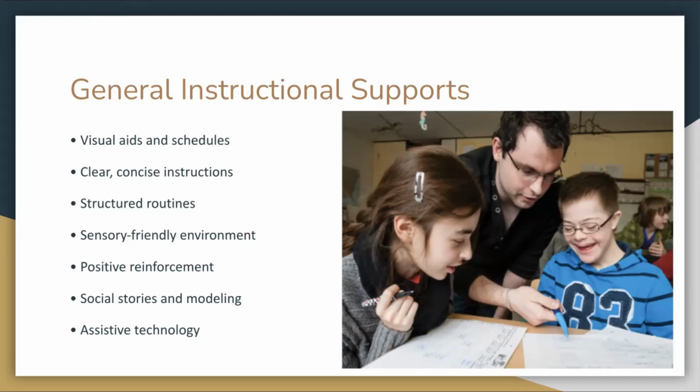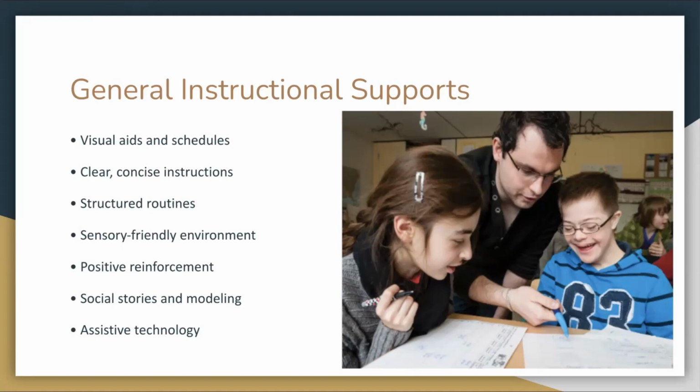Another thing is our structured routines. We cannot build successful parts of a program in isolation. We have to have a clear structured routine of how we're going to move from activity to activity throughout the day with smooth transitions. Really, without that routine embedded, it's one chaotic transition that students may have trouble coping with, and getting that a little more systematic, that routine will play a big factor.